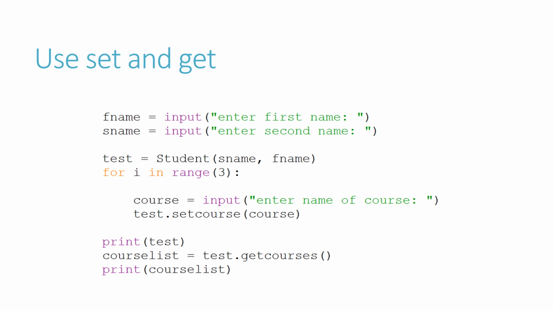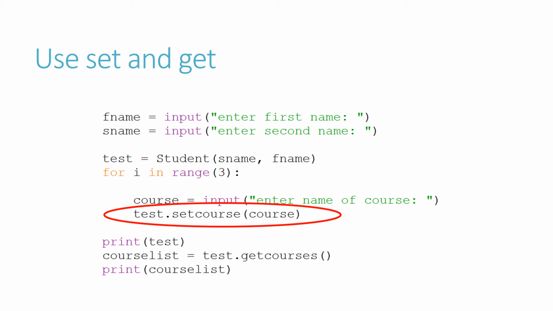And hopefully you've written a main program. Let's look at how you had to adapt that program to use get and set procedures. First of all, where you're appending a course to the list of courses, we use the set course procedure. So that sets a new course, adds it to the course list instead of just adding it in the main program.